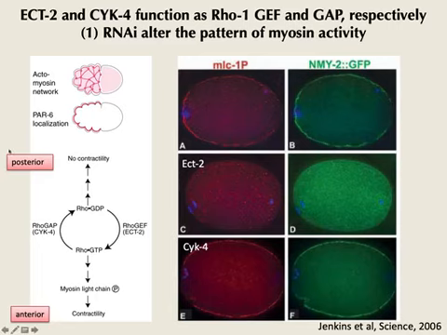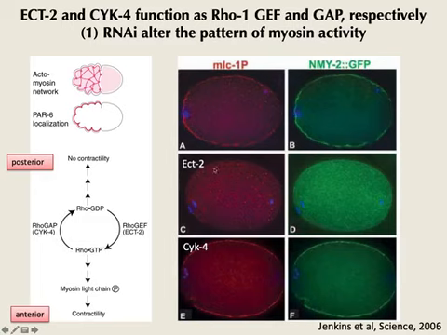And that's where we're going. So indeed, the GEF is ECT2 here. It's an activator because it promotes GTP exchange. The GAP is CYK4. And let's see how this works.